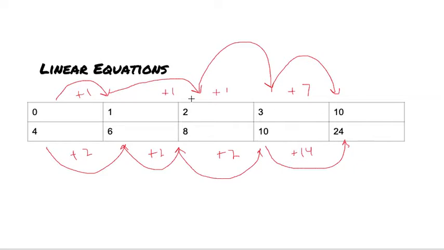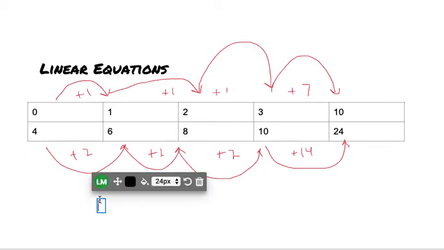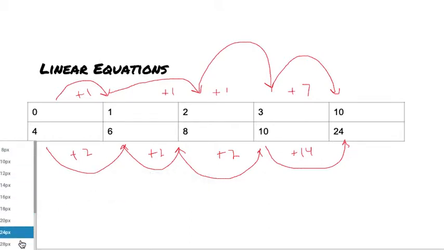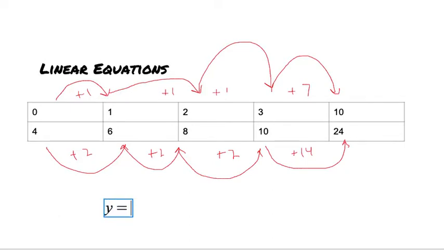All right, so you might remember that a linear equation does have its own linear model, and that is y equals mx plus b, where m is our constant rate of change, and b is our starting value.